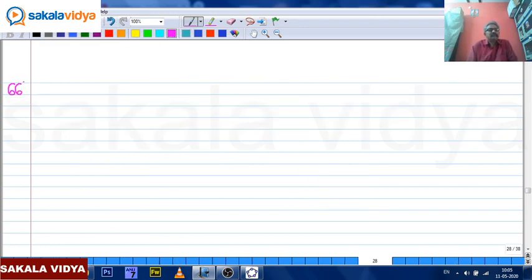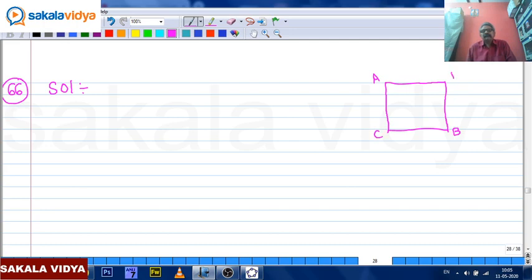66 solution. So this is the square. Say this is A, this is B, this is C, this is D. This is one diagonal, this is the other diagonal, this is 90 degrees.